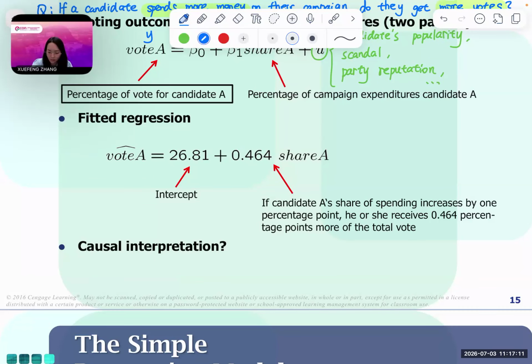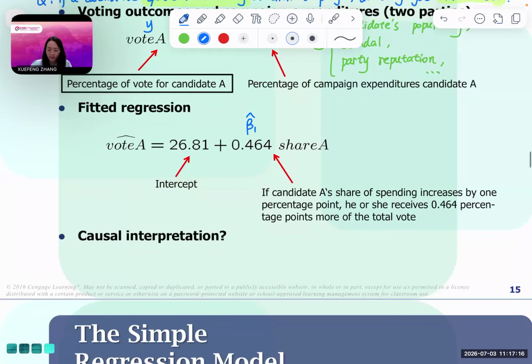0.464. This is beta 1 hat. It means that if candidate A's share of spending increases by 1 percentage point, he or she receives 0.464 percentage points more of the total vote, okay?